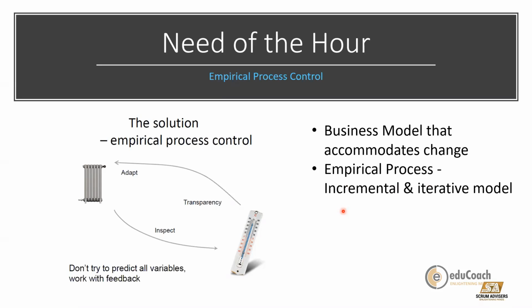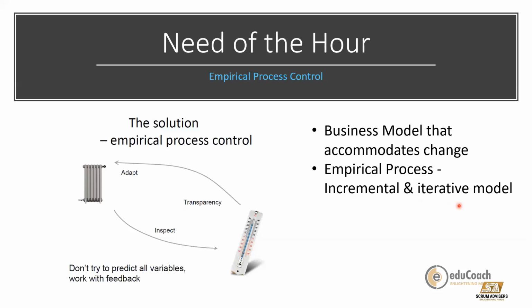So let's say we're working an iteration, in Scrum we call it a sprint. In sprint 1, we provide an increment, which is something that a customer can see. In sprint 2, we add on to the increment of sprint 1, and show the combined increment to the customer. That's why it's an incremental and an iterative model.